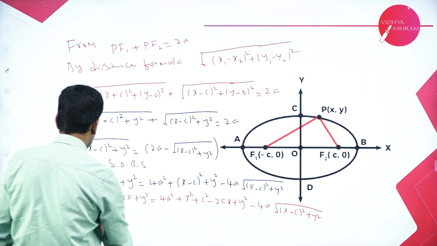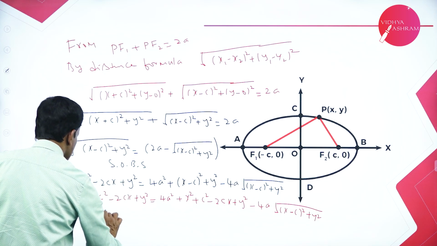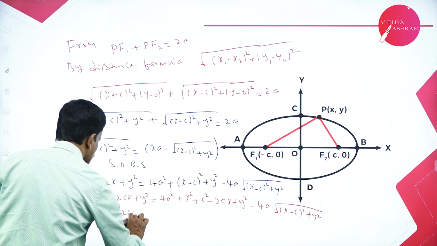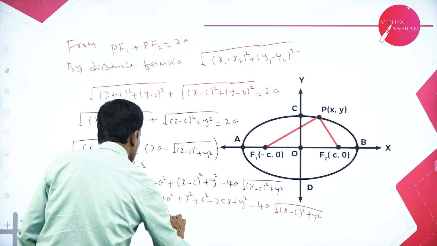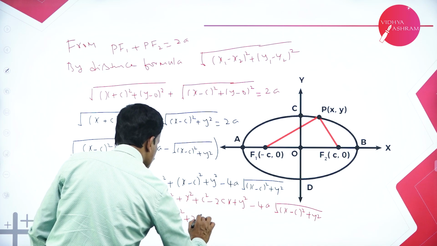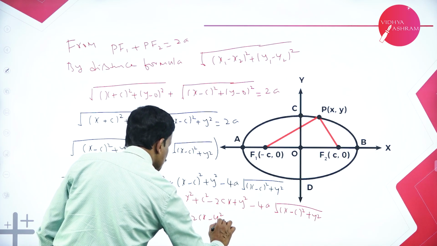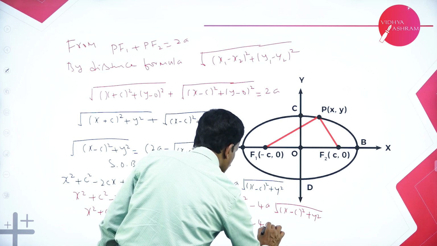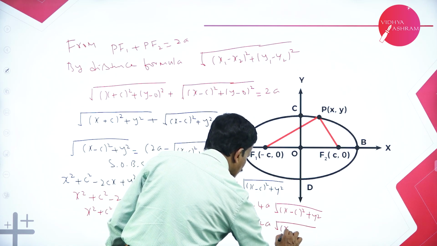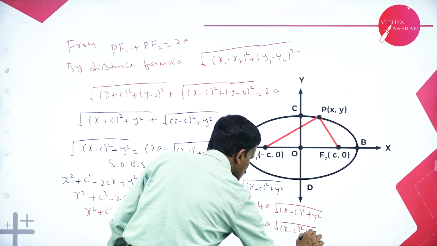Now transfer this to the left hand side, it becomes x square plus c square plus 2cx plus y square minus x square minus c square plus 2cx minus y square is equal to 4a square minus 4a into root of (x minus c) whole square plus y square.